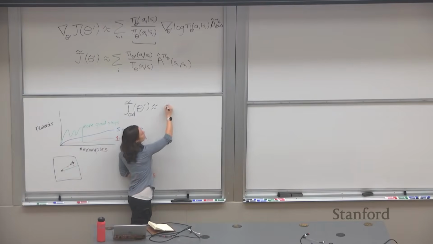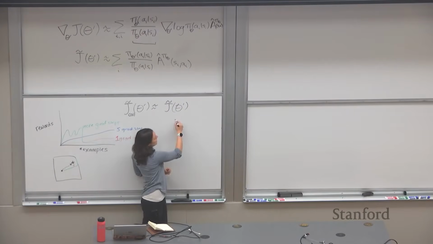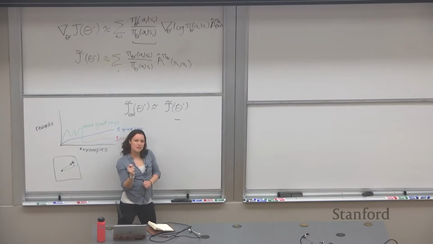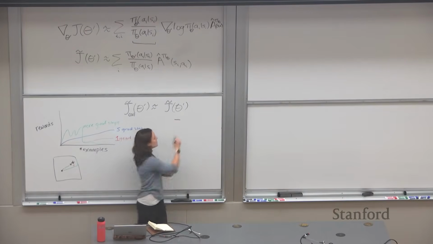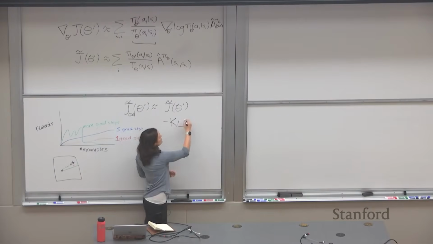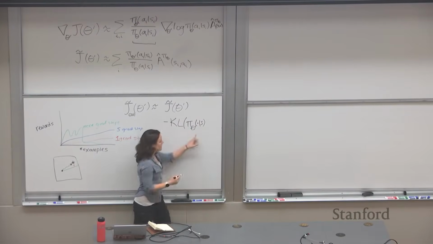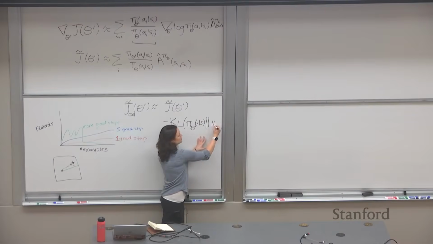This is going to be equal to the original surrogate objective that we're trying to maximize. And then we can add a penalty that discourages you from changing too much from the previous policy. That penalty could take the form of the KL divergence between two distributions. So this could be the KL divergence between the new policy distribution and the old policy distribution.